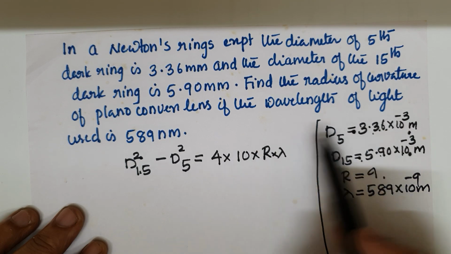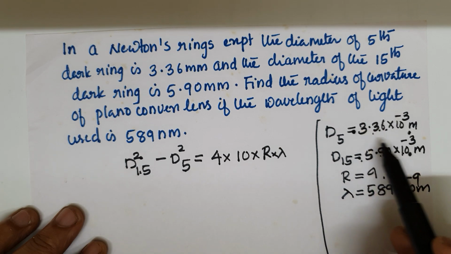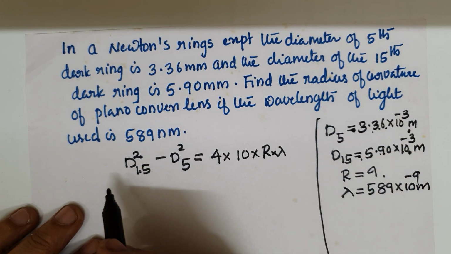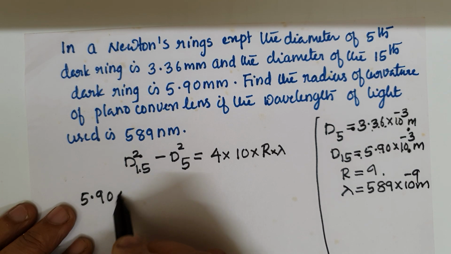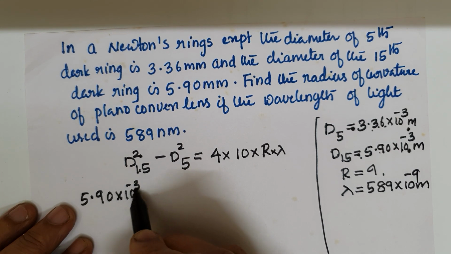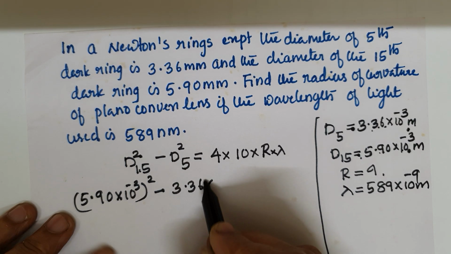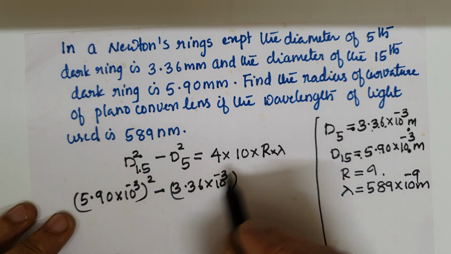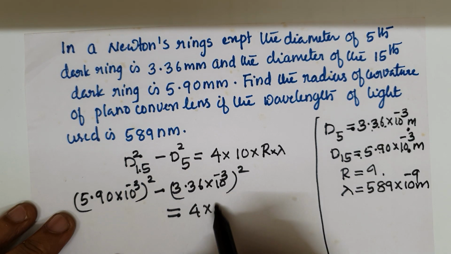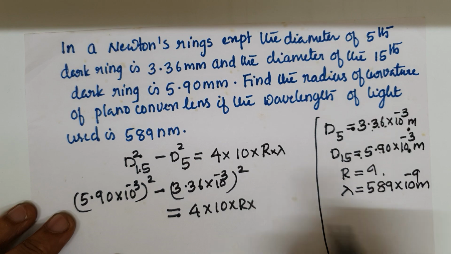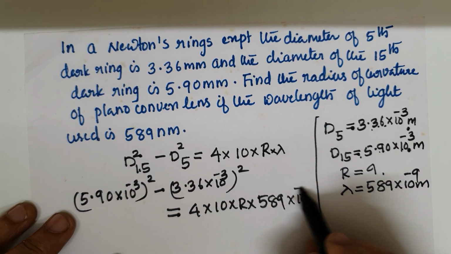So 5.90 into 10 raised to minus 3 the whole square minus 3.36 into 10 raised to minus 3 the whole square is equal to 4 into 10 into r into lambda, which is 589 into 10 raised to minus 9.